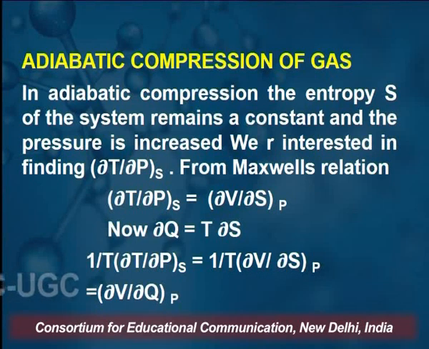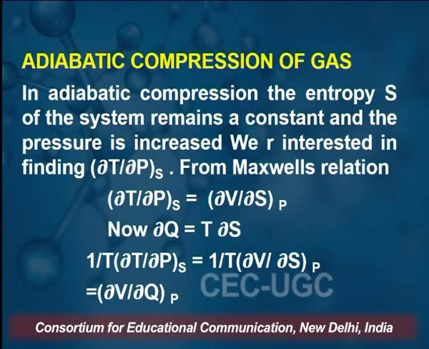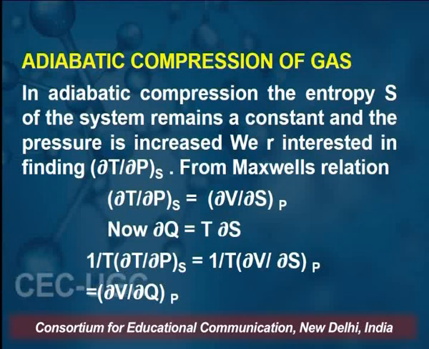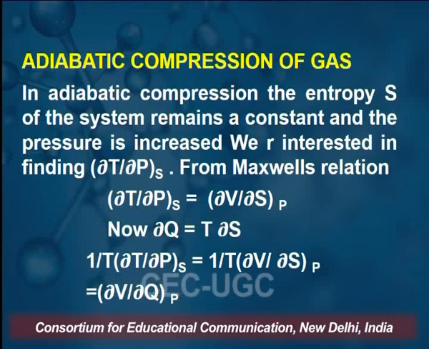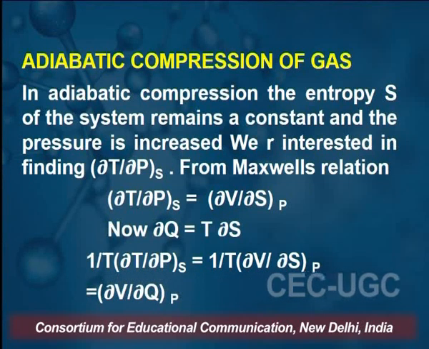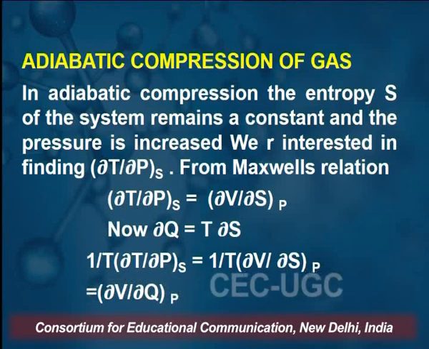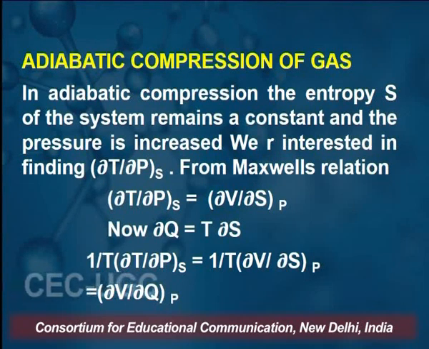Now, as done before, we divide by temperature and we get (1/T)(∂T/∂P) at constant S is equal to (1/T)(∂V/∂S) at constant P. By definition, T δS is δQ. So, the right hand side gives me ∂V/∂Q at constant P.